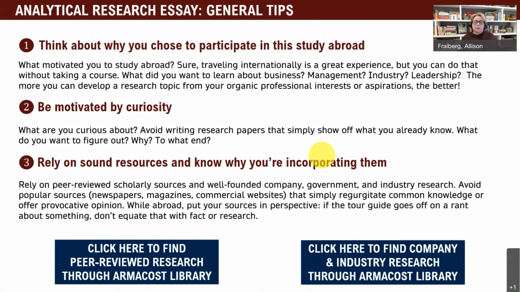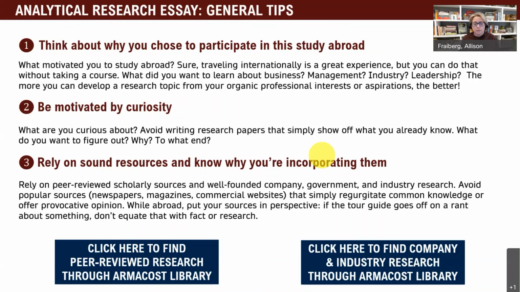Number three, and we're going to spend a little more time talking about this, rely on sound resources and know why you're incorporating them. If all you're doing is finding stuff off Google and popular sites, you're not doing what needs to happen in a research paper at either the graduate level or the upper division undergraduate level.